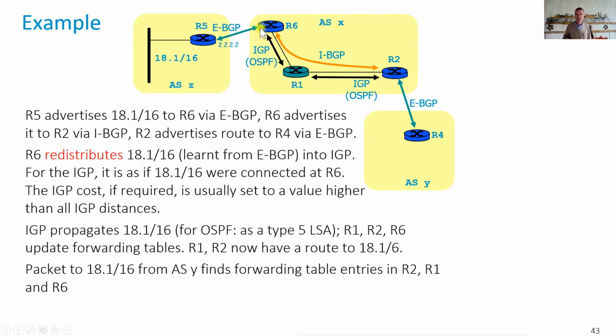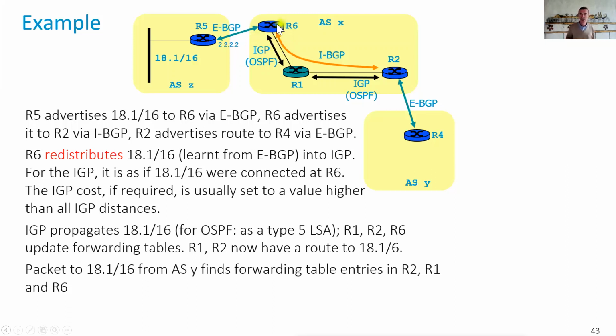Redistribution into OSPF simply means that R6 does as if it would be directly connected to some external prefix called 18.1, and it will typically give to this external prefix a very large distance. So R6 will say, I am connected to 18.1, and the cost to go there is very large. For example, in the lab, the software we use gives a cost of 20.